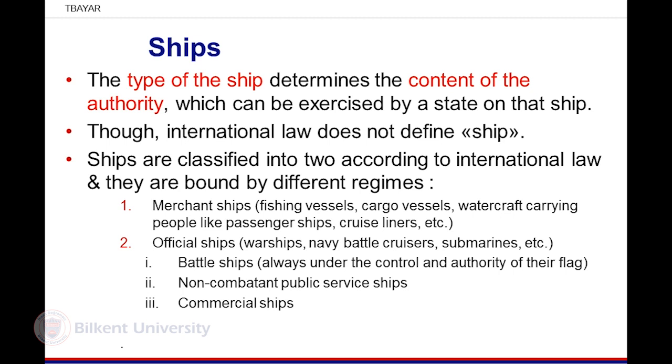And non-combatant ones can be a Navy ship, but to carry fresh water, to carry oil and gas, to carry sanitary, whatever. Or public service ships, university research ships belong to this group. Plus commercial ships, of course. States can also be engaged in commerce and trade, international trade. At that point, the ships that they're using for their own shipments are known like that.